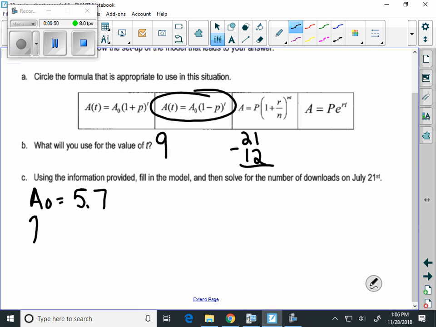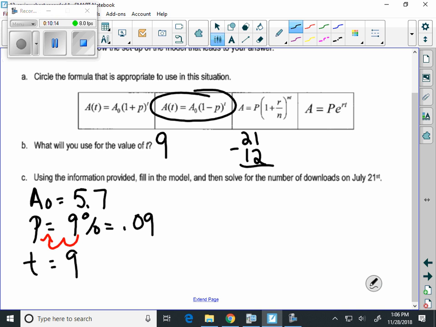Well, that's our P, which is 9%. But again, let me remind you that we need to move the decimal point because we need to turn this into a decimal. It's a percent right now. So we're going to move it 2 spaces to the left and we get 0.09. And again, we already know that our time is 9.